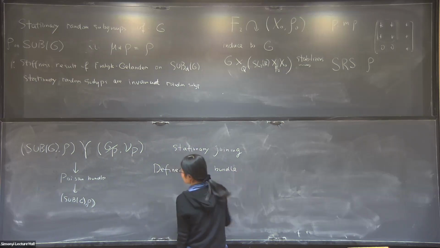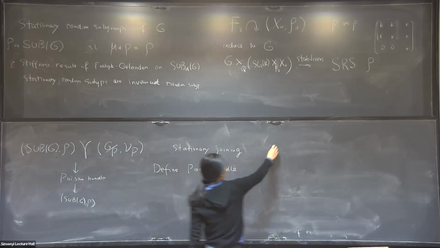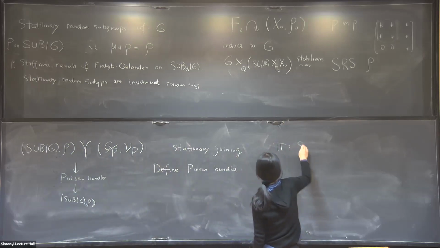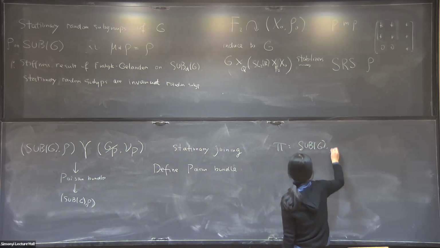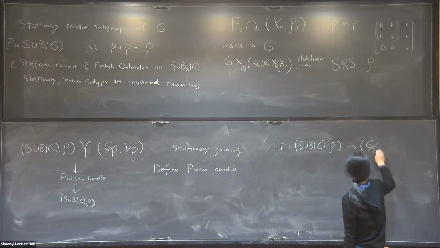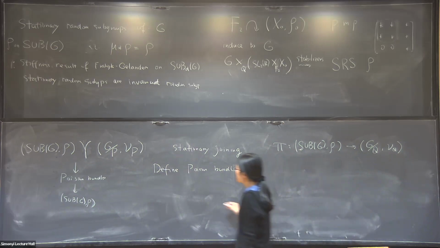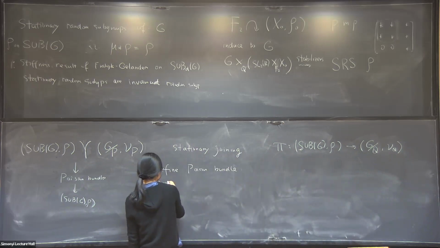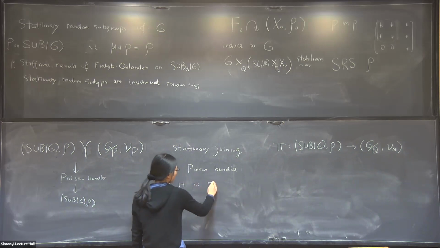If we call this map, this is a vector map, just call it pi, over a subgroup H that you factor onto.